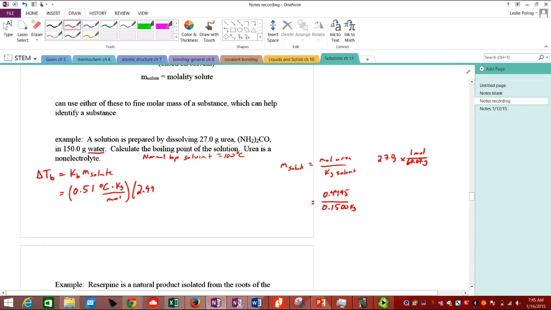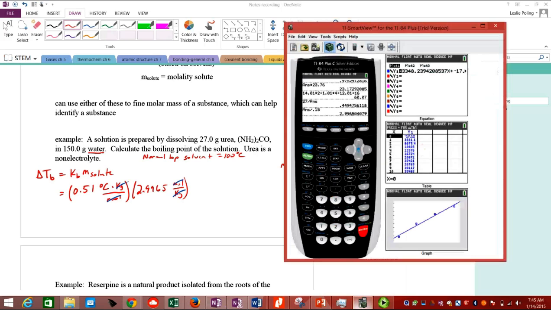And this is moles per kilogram. You can see why constants have units like they do. They are designed so that stuff cancels properly. Now don't worry how many significant digits you wrote down there because you're just going to hit times. The calculator is going to use the whole thing.